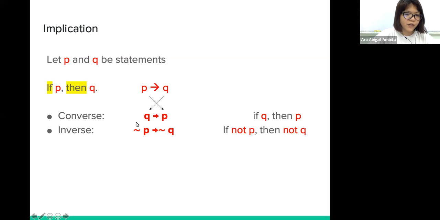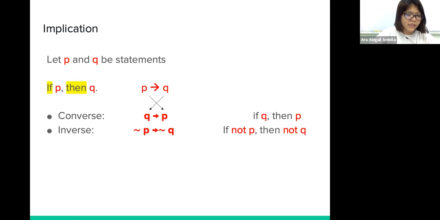Suppose we have P implies Q, its inverse is not P implies not Q, which is read as if not P, then not Q.